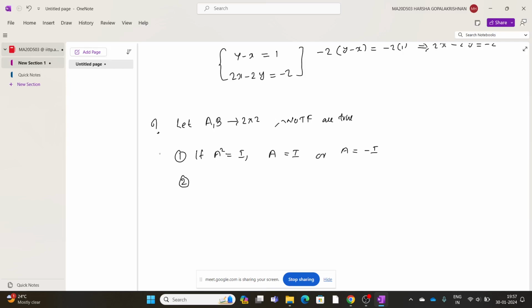By that time you can try to solve the first statement. You need to check whether it is true or false. If it is true, prove it. If it is false, give a counter example, that means an example which does not satisfy this statement.